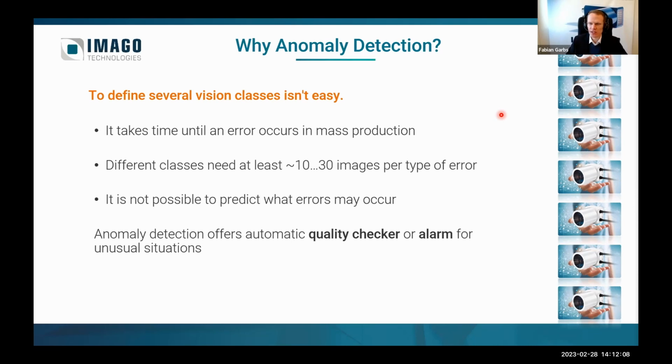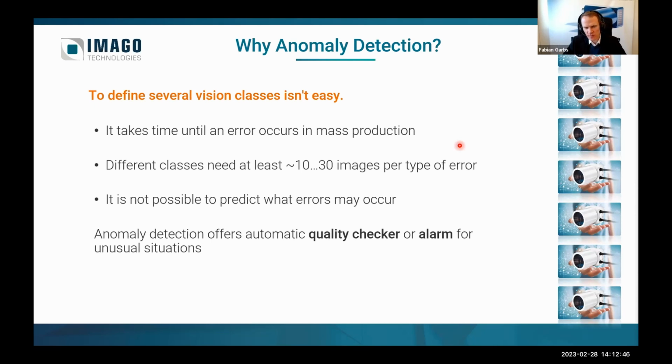And in mass production, it can take a very long time to create, let's say, 10, 20 products with some kind of defects. So it's not easy to have the best training material for the camera to generate the model to decide between good and defect 1, for example, defect 2, defect 3, etc.